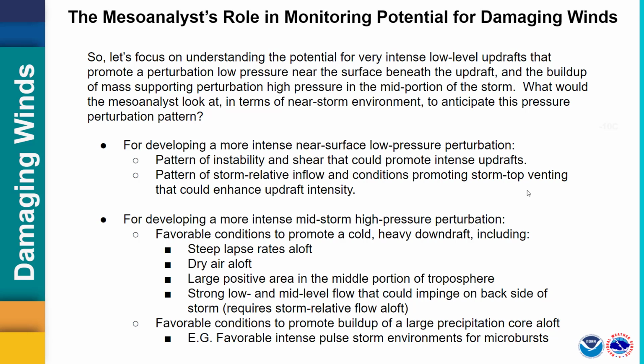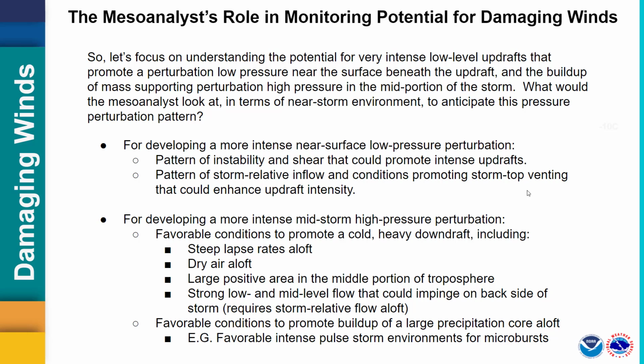Well, for developing a more intense near-surface low-pressure perturbation, we would want a pattern of instability and shear that could promote intense updrafts. Either very large low-level CAPE, or you could have smaller CAPE but with more intense low-level vertical shear. Also a pattern of storm relative inflow and conditions that promote storm top venting that also could enhance updraft intensity.